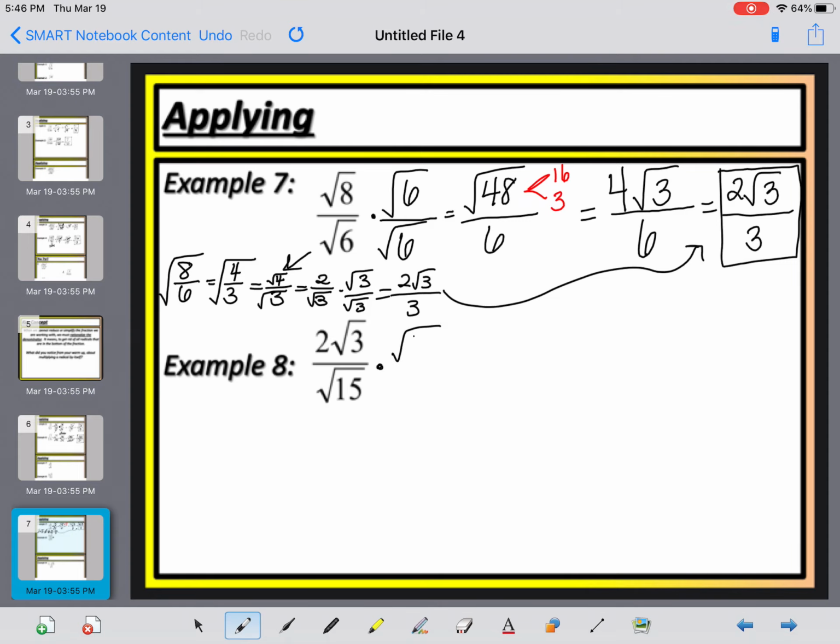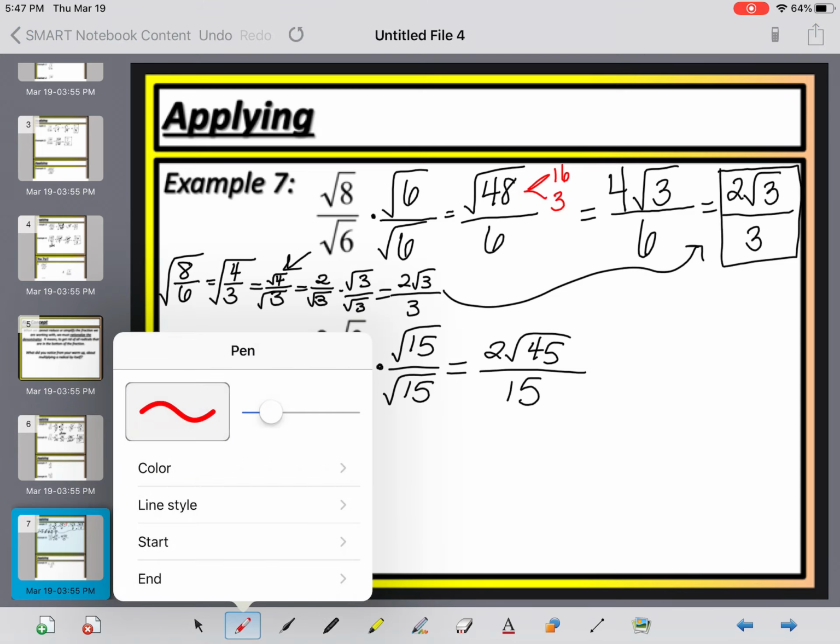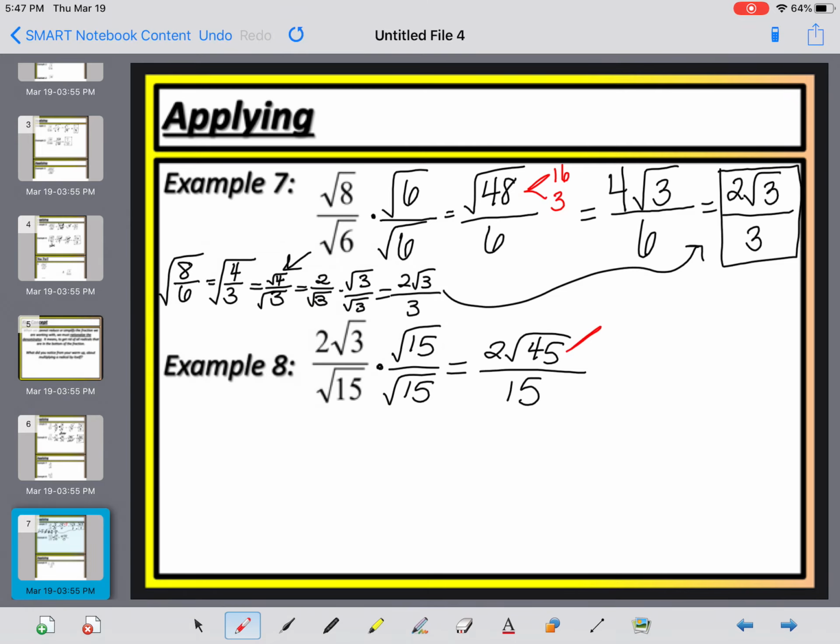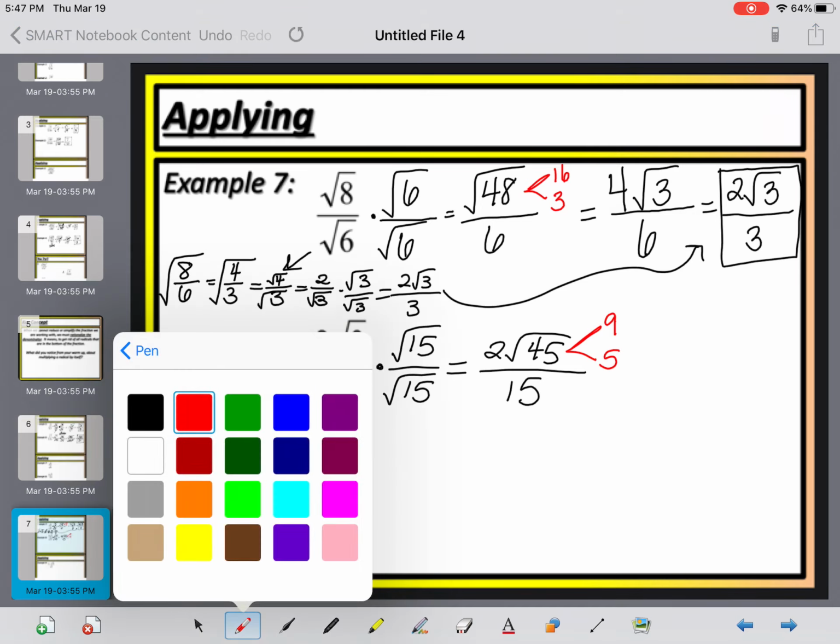All right, number 8. Use 15. So remember, we're always using the denominator. Okay, and I can simplify 45. I'm sure you've gotten better at recognizing these.